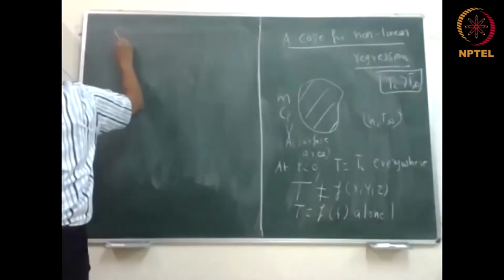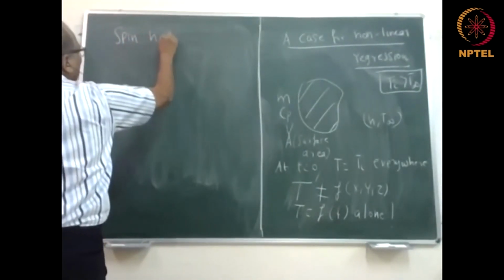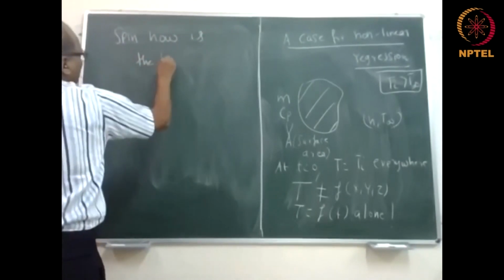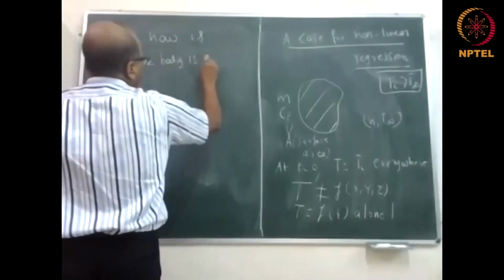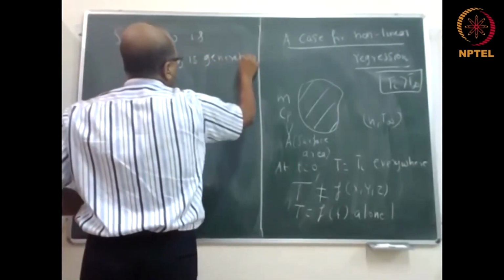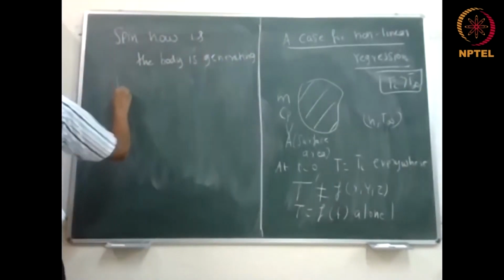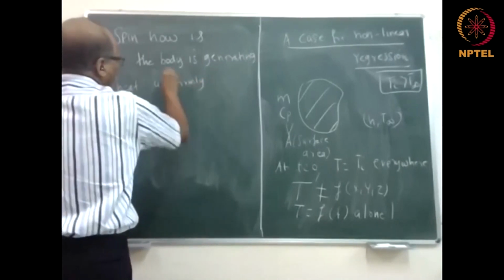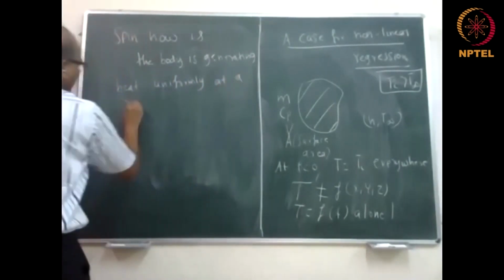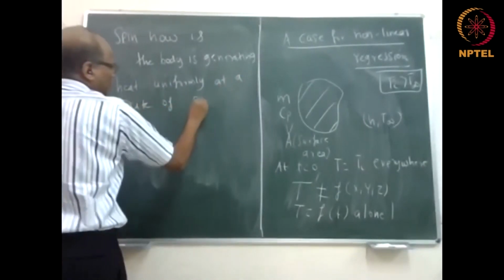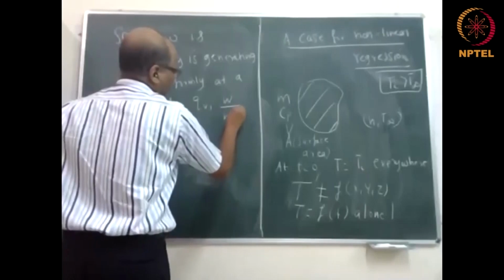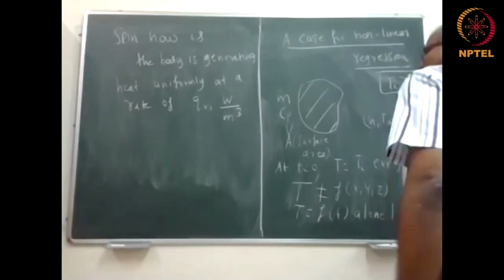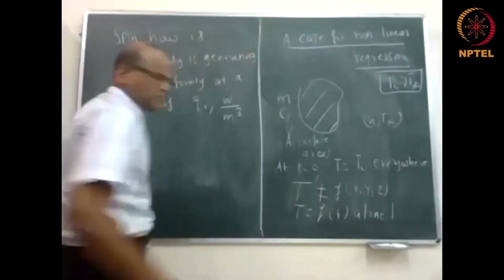The spin now is the body is generating heat uniformly at the rate of QV watts per meter cube.